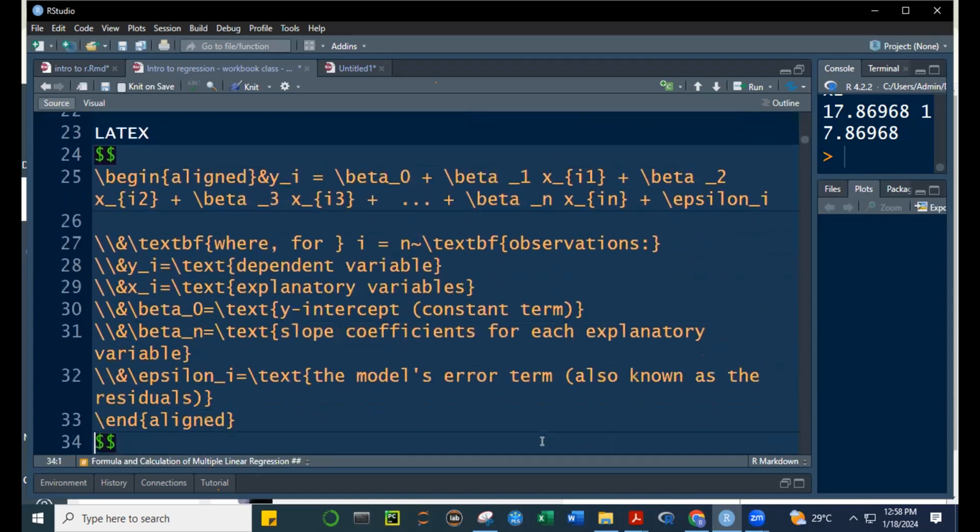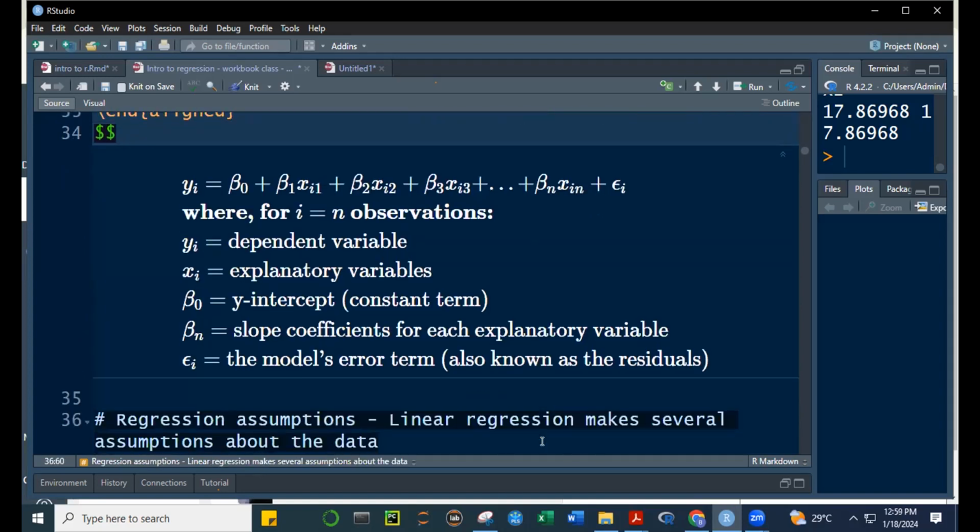Okay, so this is your LaTeX, and we said that the equation for a multiple linear regression is such. Your dependent variable is explained by, okay, so this is your independent variable 1, independent variable 2, independent variable 3. Sorry, actually the i is no longer needed here.